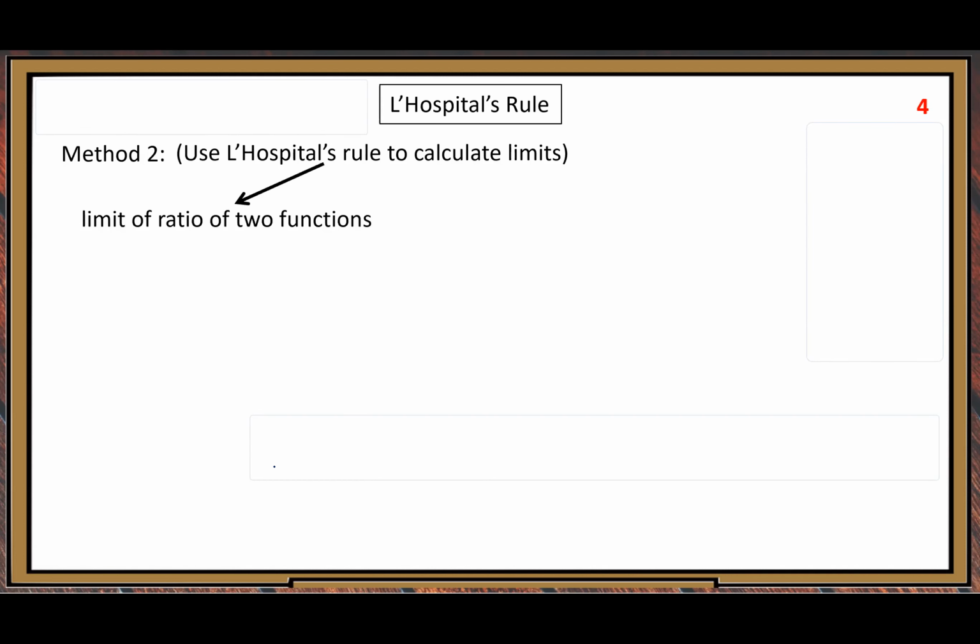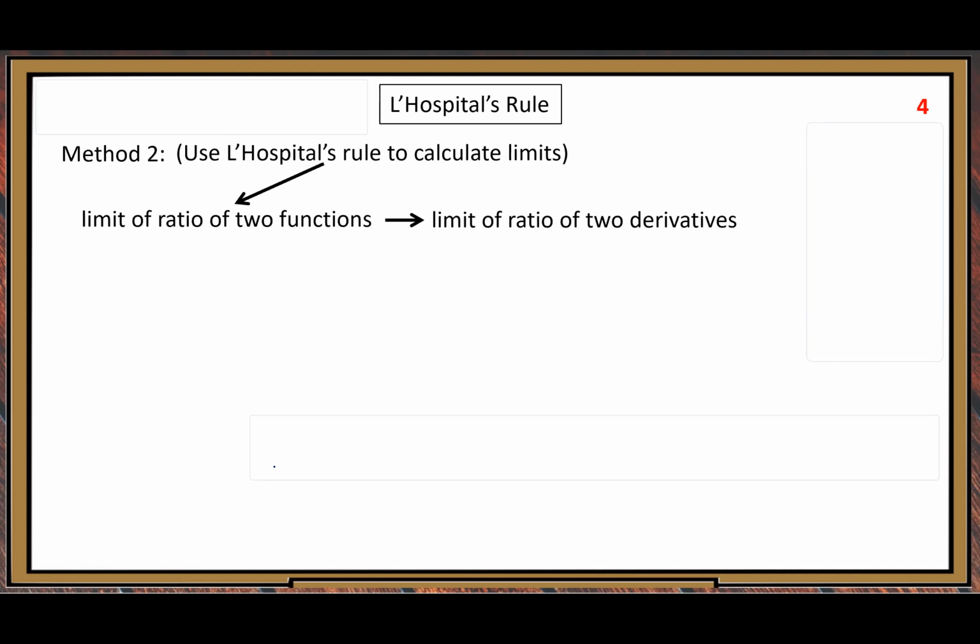The situation to use this rule is when we calculate the limit of the ratio of two functions. That's what we are doing here, the ratio of two growth functions. That's the typical situation for L'Hopital's rule.